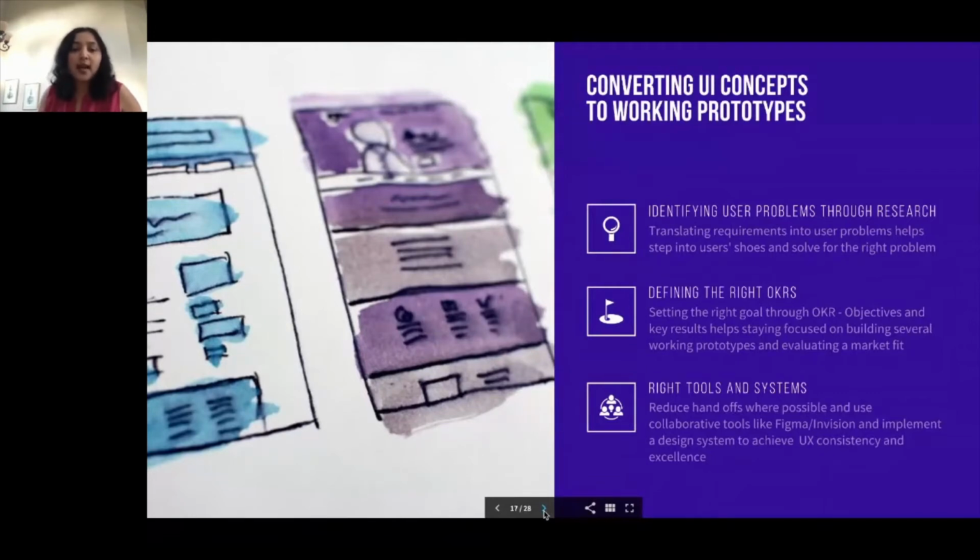And then lastly, the right tools: the collaboration between designers and engineers, between product managers, engineers, designers, and user researchers. How can you aid that? You can only do that by having the right tools. So some of the tools that we use at every step, at least for the collaboration between design and engineering, we use Figma.